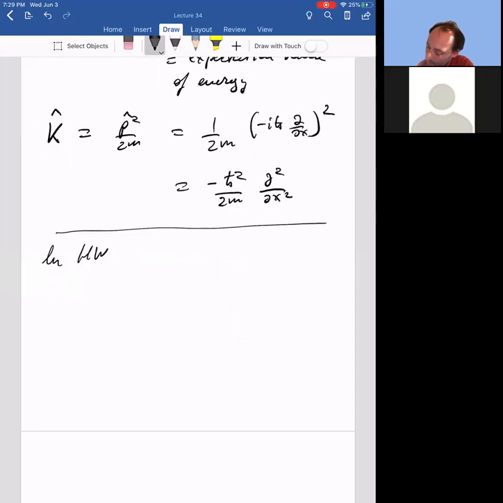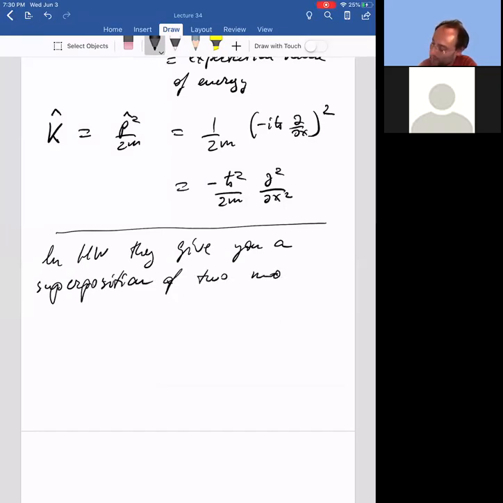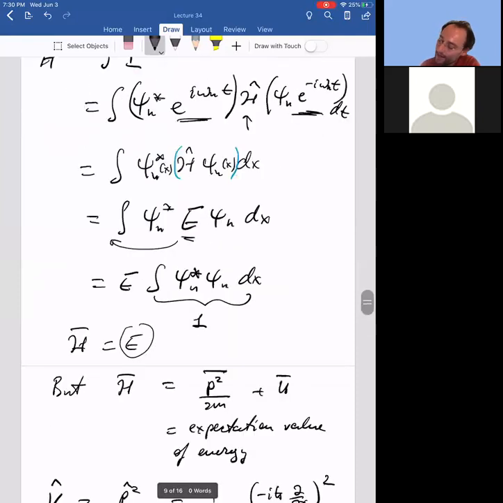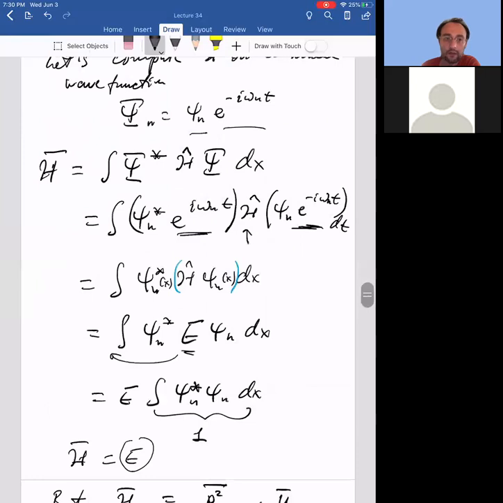They give you a superposition state of 2 modes. So what I just did is I computed the expectation value of the Hamiltonian operator, or the energy, in a pure mode.